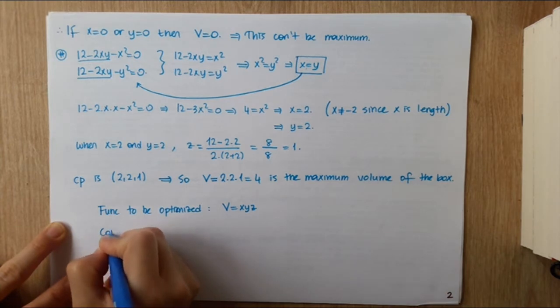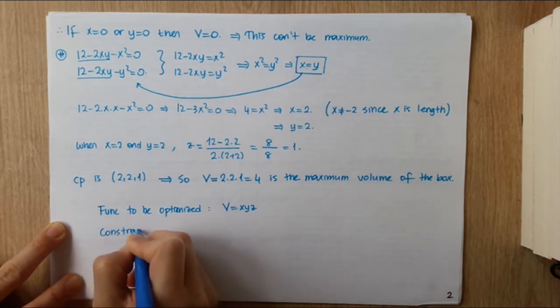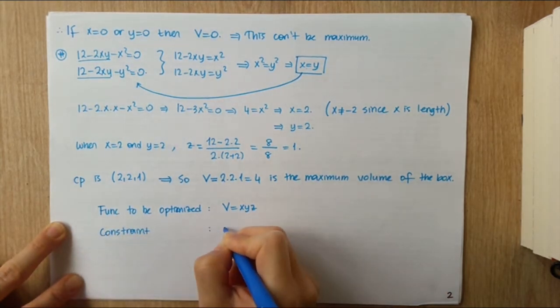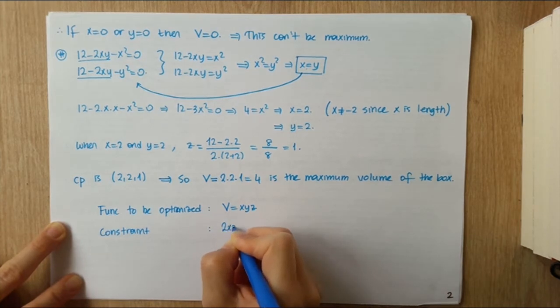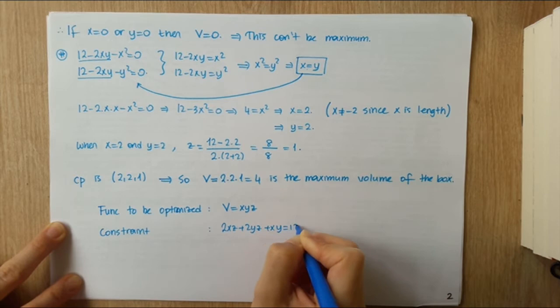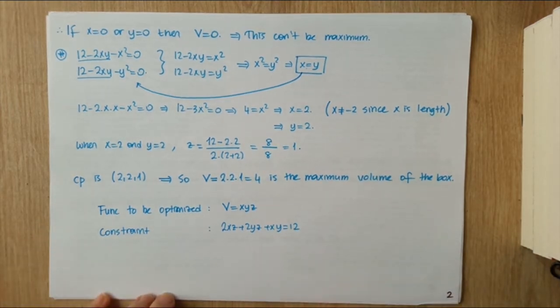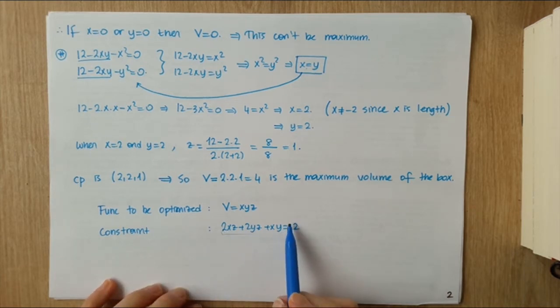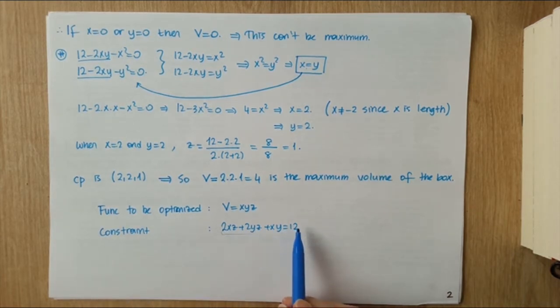And the constraint is 2xz plus 2yz plus xy equals 12. This defines the surface area, and the surface area should be equal to 12 here.